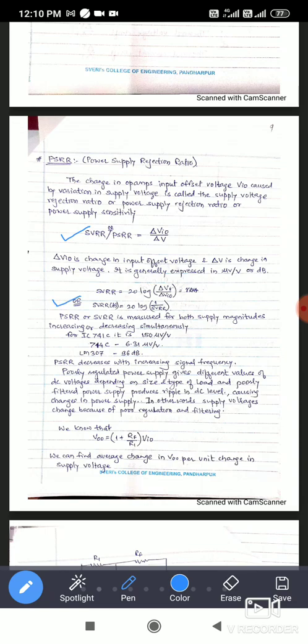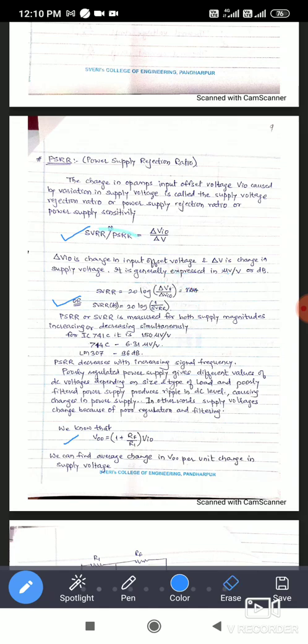SVRR in decibel is given as 20 into log of 1 upon SVRR, or it is nothing but 20 into log of the change in power supply divided by the change in input offset voltage, as given in this equation. Now the output voltage we can get, VO, is equal to 1 plus RF divided by R1 into VIO.